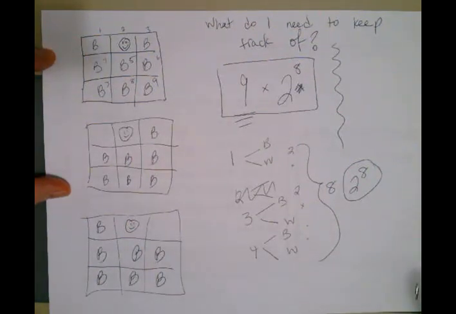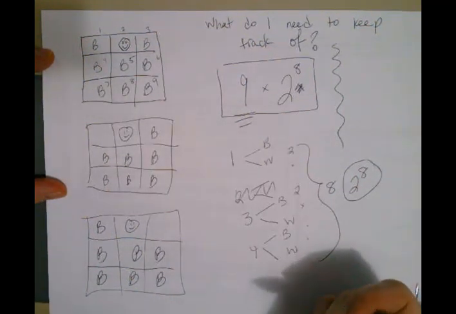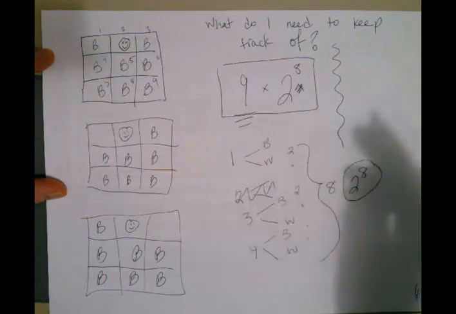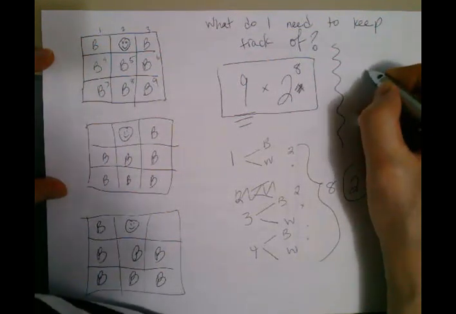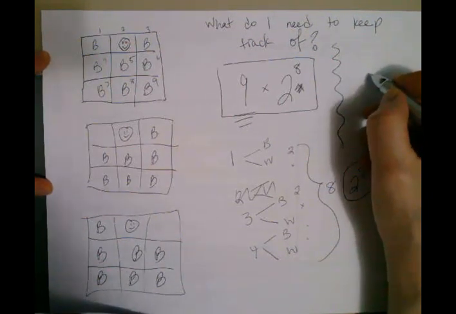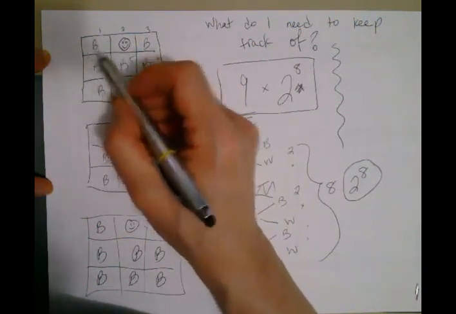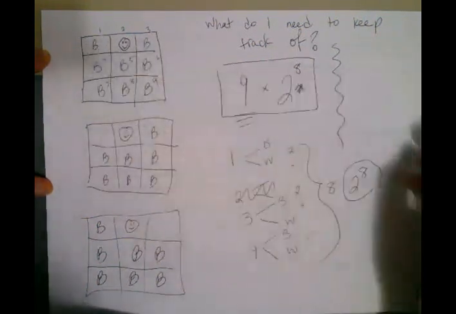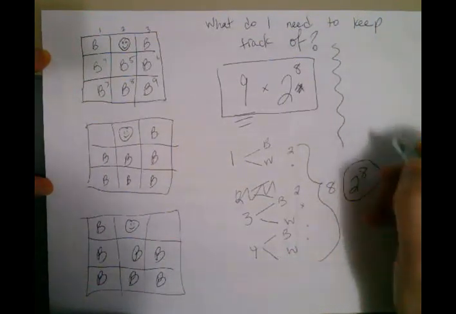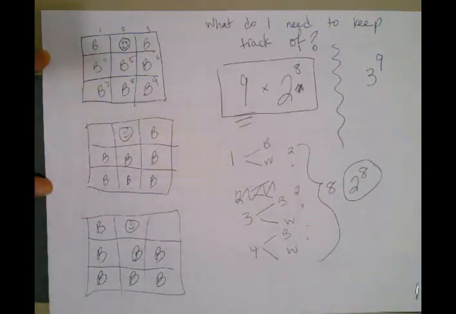And you forget about the fact that there's only one smiley face on a given board, then you could argue, and I would give you a lot of credit for this, that there's actually 3 possibilities for each of these squares, right? And so you multiply all those 3 possibilities together, and you get 3 to the 9th power.